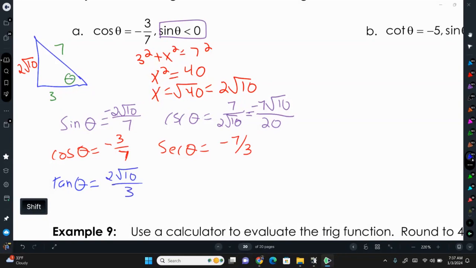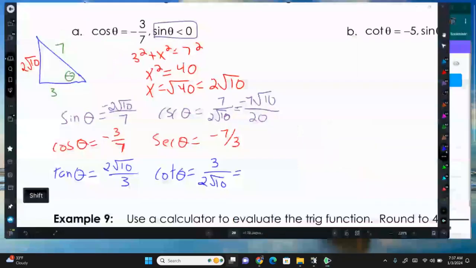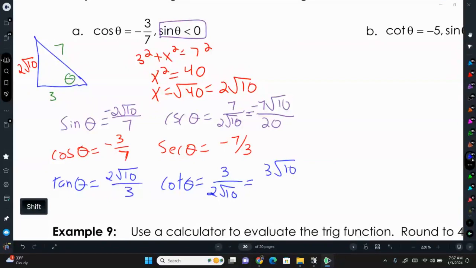And because sine and cosine are both negative, tangent will be positive. And then cotangent is going to be tangent flipped, so 3 over 2 times the square root of 10. Multiply the top and bottom by the square root of 10. That's going to give us 3 times the square root of 10 over 20. And again, because tangent's positive, cotangent will be positive as well.